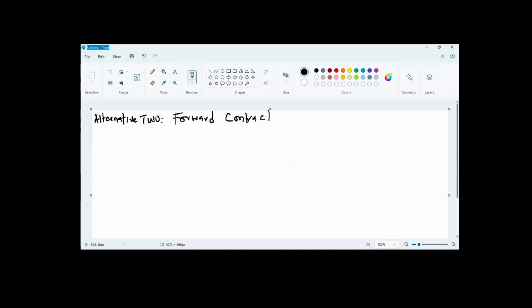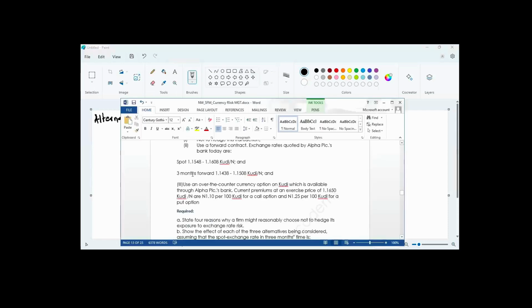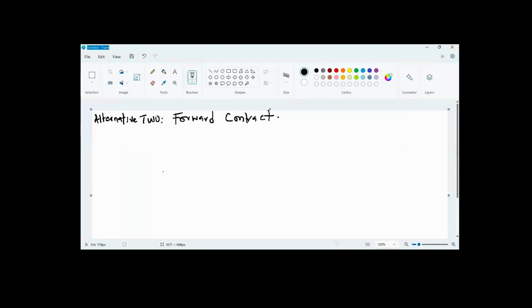We are expecting 70 million in 3 months' time, and I want to hedge using forward contracts. I'm going to pick 3 months forward rates. Look at the rates: 1.1438 to 1.1508. I'll bring it here.